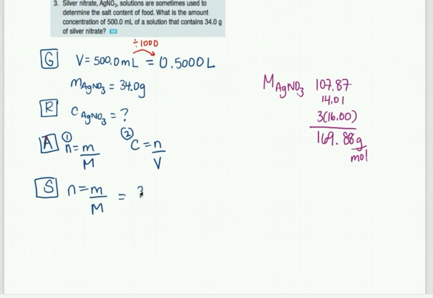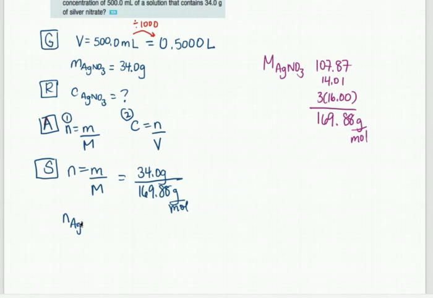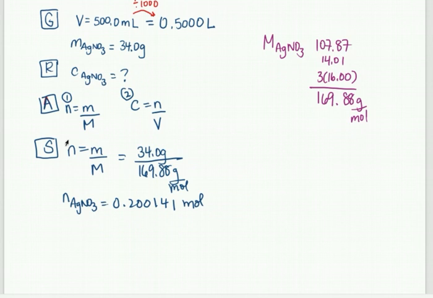So our mass was 34 grams, and we're going to divide by our molar mass, 169.88 grams per mole. Okay, and we will get the amount of silver nitrate. Again, carry extra digits here and just keep that value in your calculator as well. All right, so that's step 1 is done.